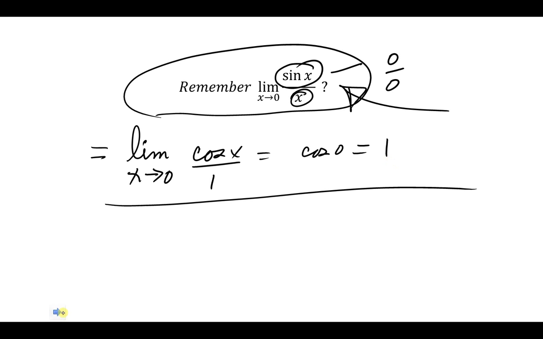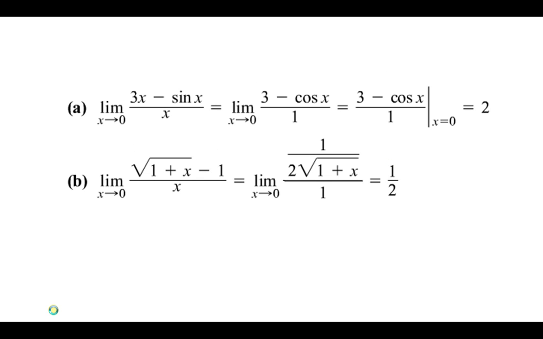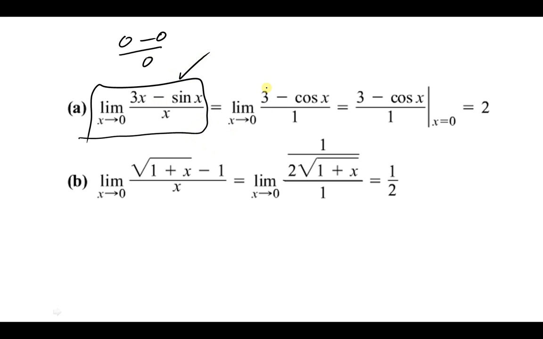Now, let's do some examples. If you look at example A here, if you plug in, you get 0 minus 0 over 0, and so L'Hopital's rule applies. So now we take the derivative of the numerator, which is 3 minus cosine of x.